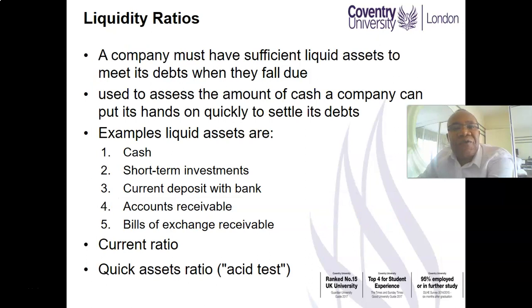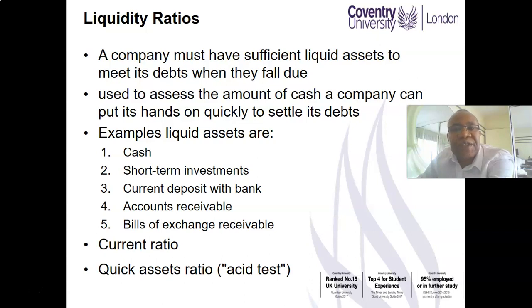The next set of ratios we are going to consider are liquidity ratios. The word liquid simply means cash. It means what cash the company has available to make immediate payments. So a company must have sufficient liquid assets to meet its debts when they fall due. In this case, we will use these ratios to assess the amount of cash that a company can put its hand on very quickly to settle its debts when needed.